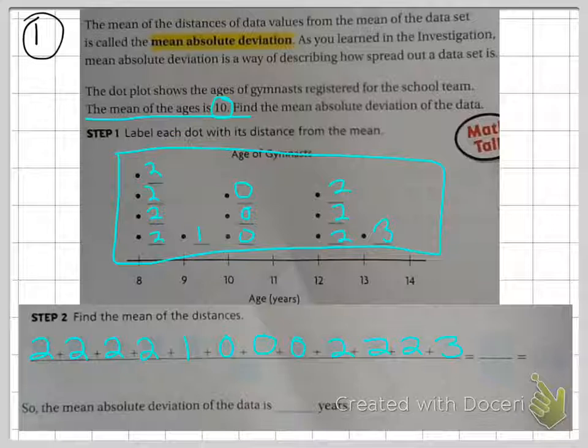So we've got 18 as our sum, and there are 12 data points. And 18 divided by 12 is 1.5. So the mean absolute deviation of the data is 1.5 years. So again, we're measuring how spread out those data points are from our mean, because it could look very different if I had another set of data whose mean was also 10.